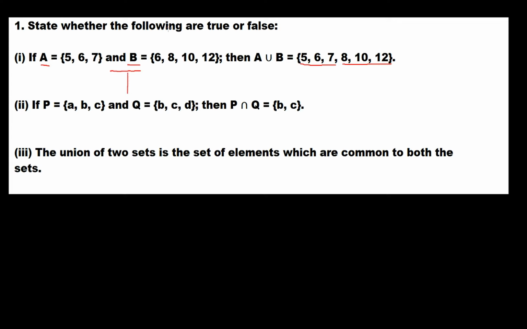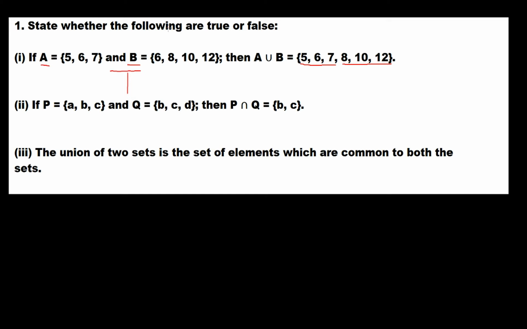If the set P contains the elements A, B, and C, and set Q contains the elements B, C, and D, then the intersection of P and Q contains B and C. Well, let's remember that the intersect operation will contain the elements that are common to both the sets.